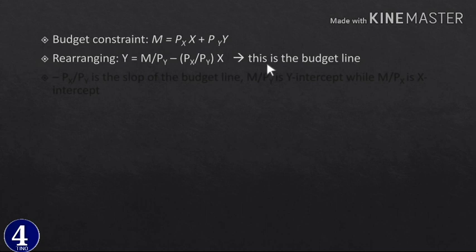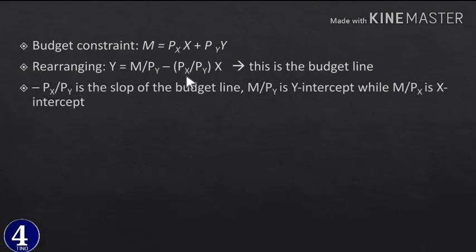This is the budget line. Minus px over py is the slope of the budget line. And this is the y intercept.